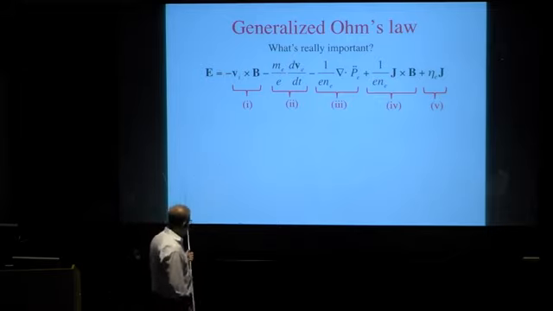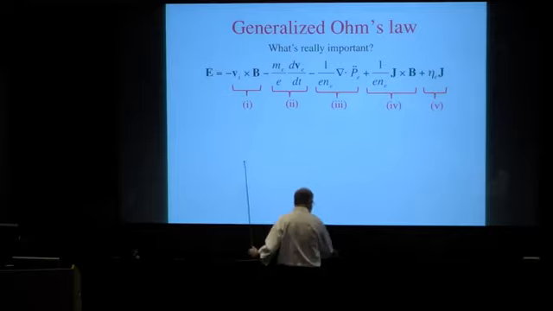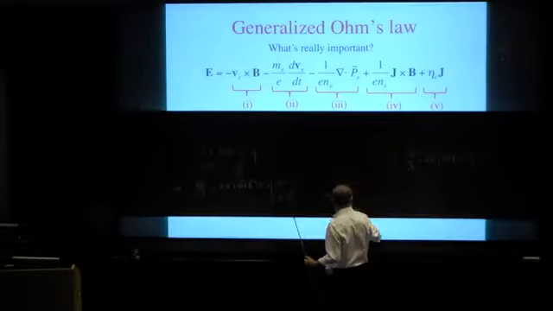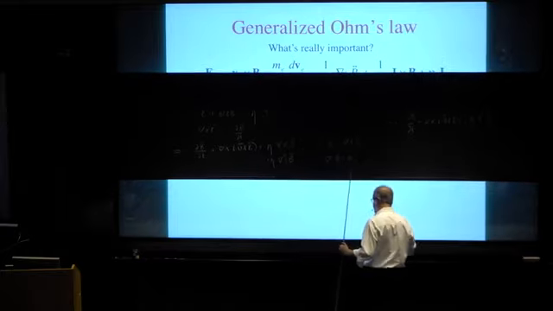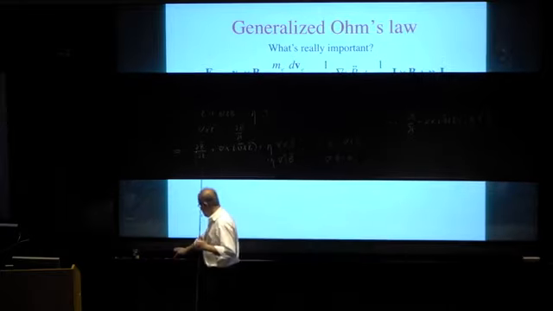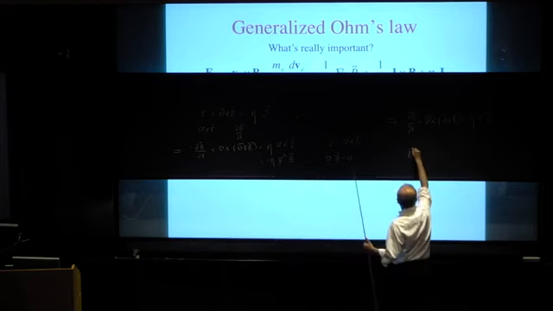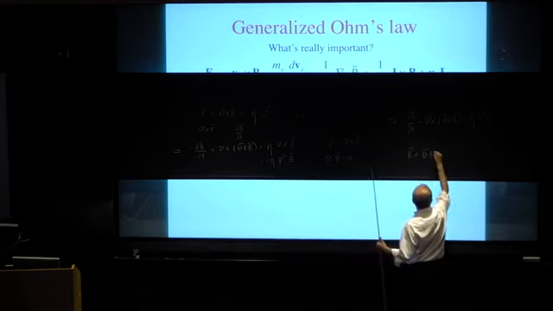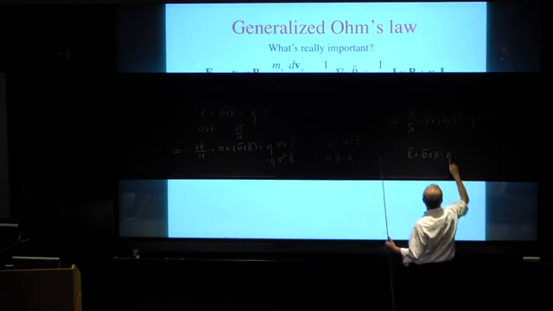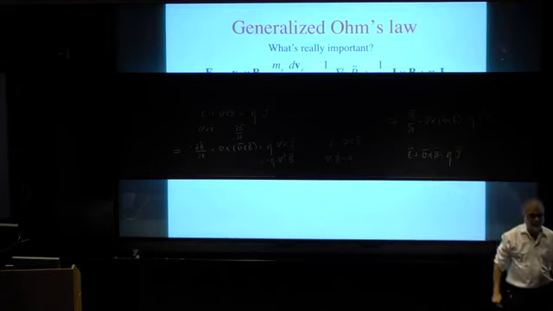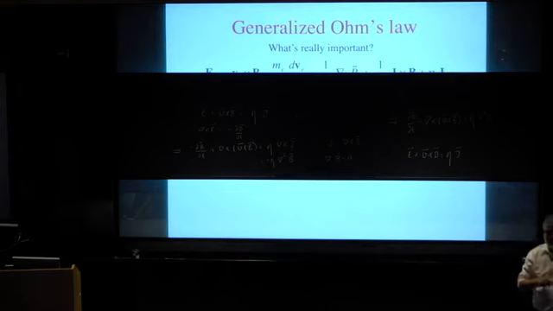And, you know, in MHD theory, we take the simplest form of Ohm's law. This eta is nearly 0 for the Earth's magnetotail.